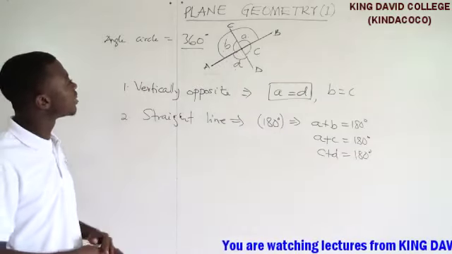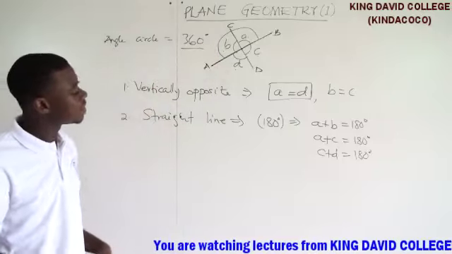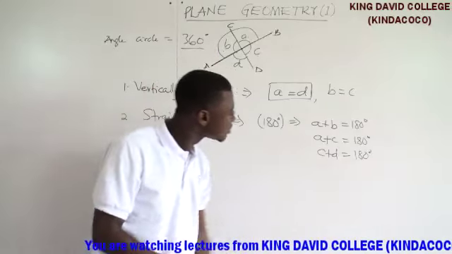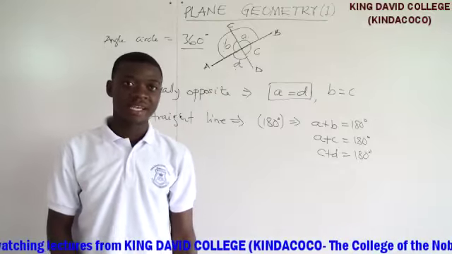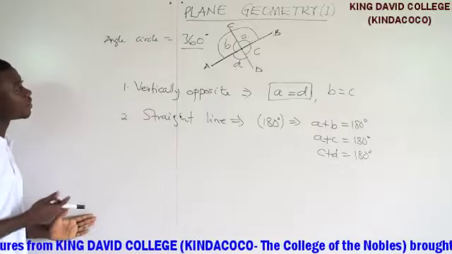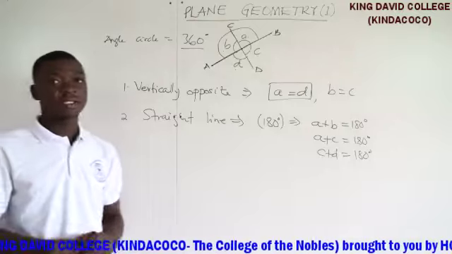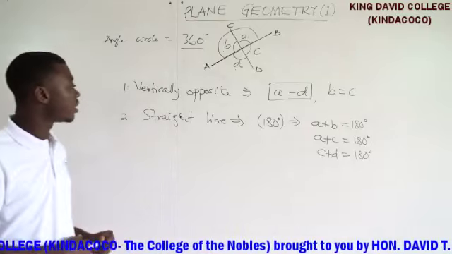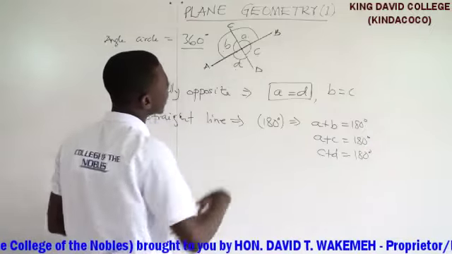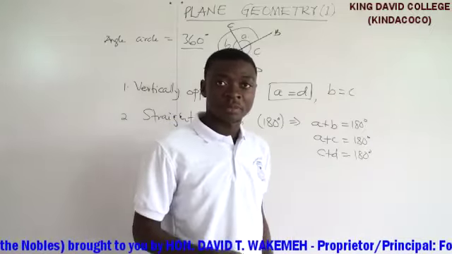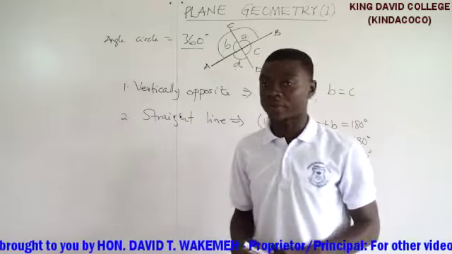And then B plus D will also equally be 180 degrees, because all of them are formed on a straight line. So notice that if you have angles formed on a straight line, they all sum up to 180.